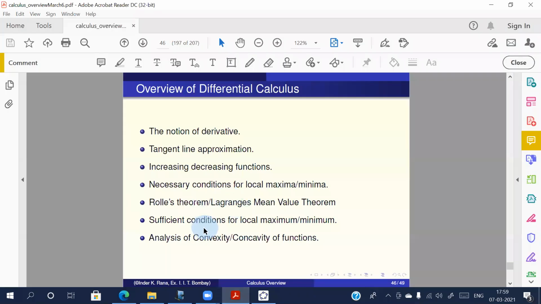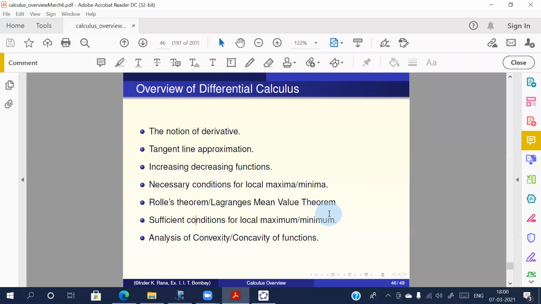So now one has to find sufficient conditions, and to find those, a very important result in calculus is what is called Rolle's theorem or Lagrange's mean value theorem. This is one of the important theorems which helps one find tests for maxima and minima.